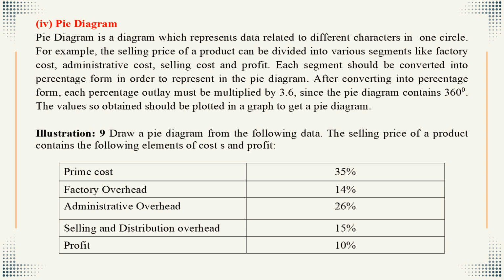To explain it well, a good illustration has been given representing prime cost, factory cost, administrative cost, selling and distribution overhead, and profit with different percentages. Then you calculate the total, it should be 100.